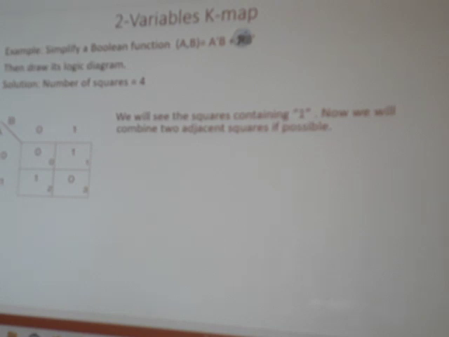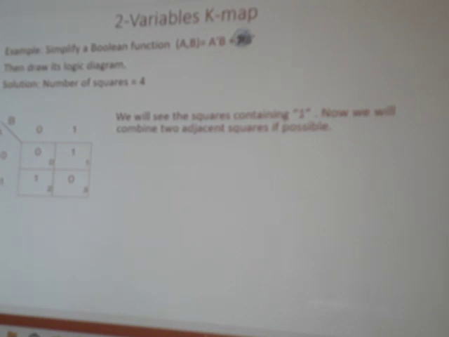Now we are taking an example, and in the example we have a Boolean function which is equal to a'b plus ab'. In this way we will draw a K-map having 4 squares, and the first square has 0.